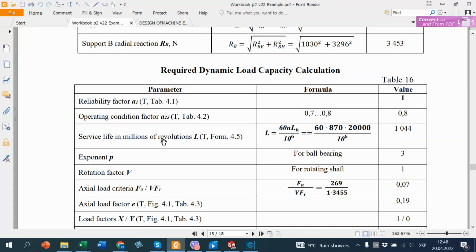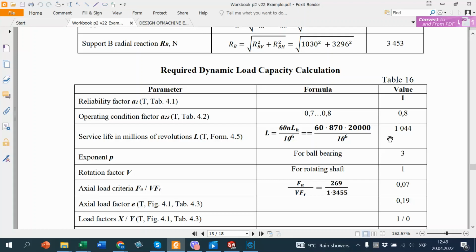Service life in millions of revolutions: I showed you this formula, 60 times n times LH. Pay attention that n is the input shaft rotational speed, the higher value, and LH should be in thousands of hours, so with zeros. In such case, it will be correct. Usually this value is more than 1,000, so it's a very big value.